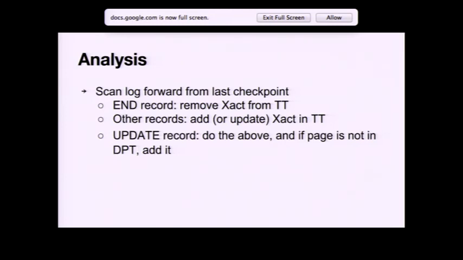So if you see a commit or abort, or once you see an end record, then you should be able to remove it from the transaction table. But once you add it to the dirty page table, then it just stays there.